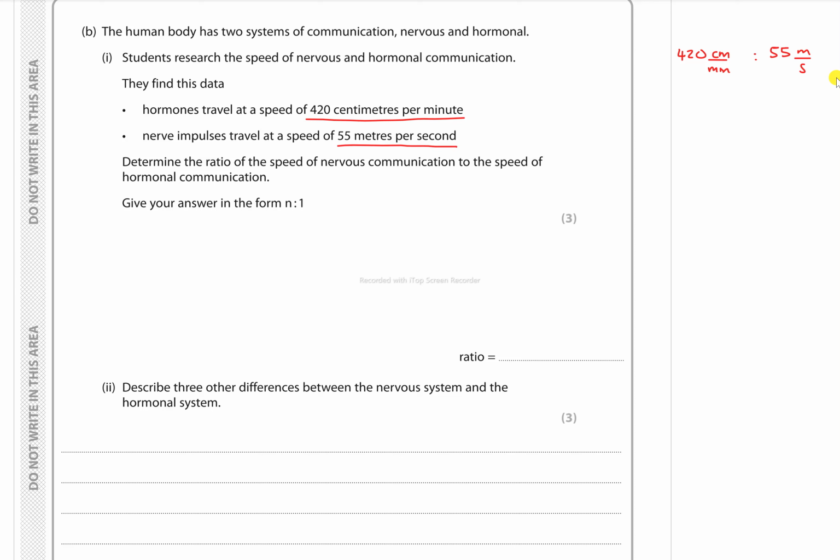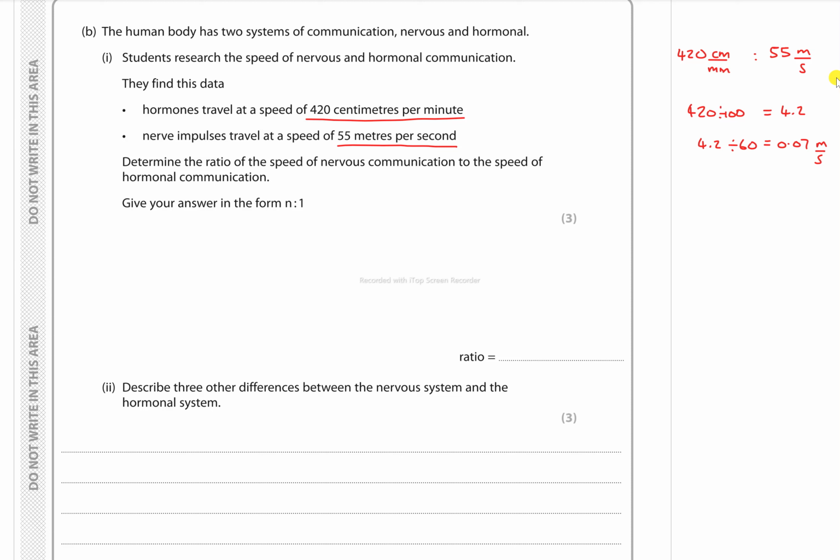Now we can convert meters per minute into meters per second. So we do 420 divided by 100 gives 4.2. And then we do 4.2 divided by 60 to give 0.07 meters per second.